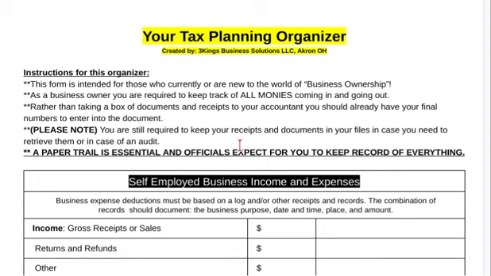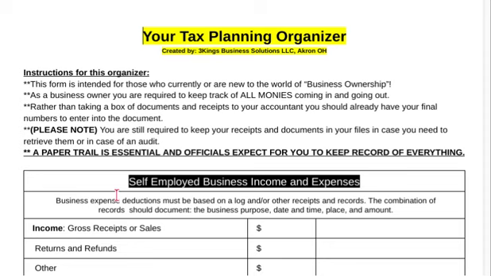Okay, so what I'm going to do is go step by step and show you exactly how you would fill out this form. Now I created this form. As you can see, it says instructions for this organizer. This form is intended for those who currently are or are new to the world of business ownership. As a business owner, you are required to keep track of all monies coming in and going out.